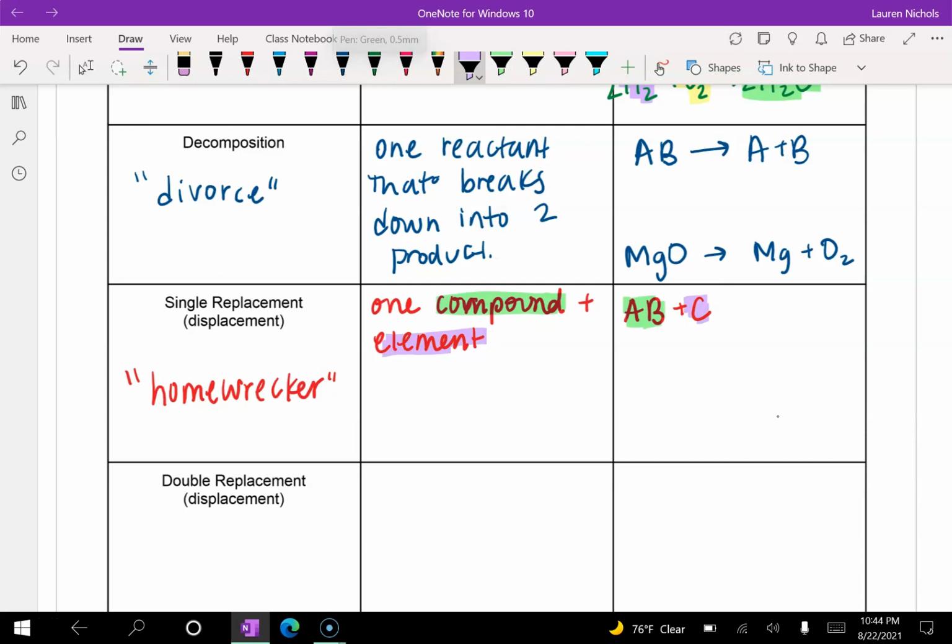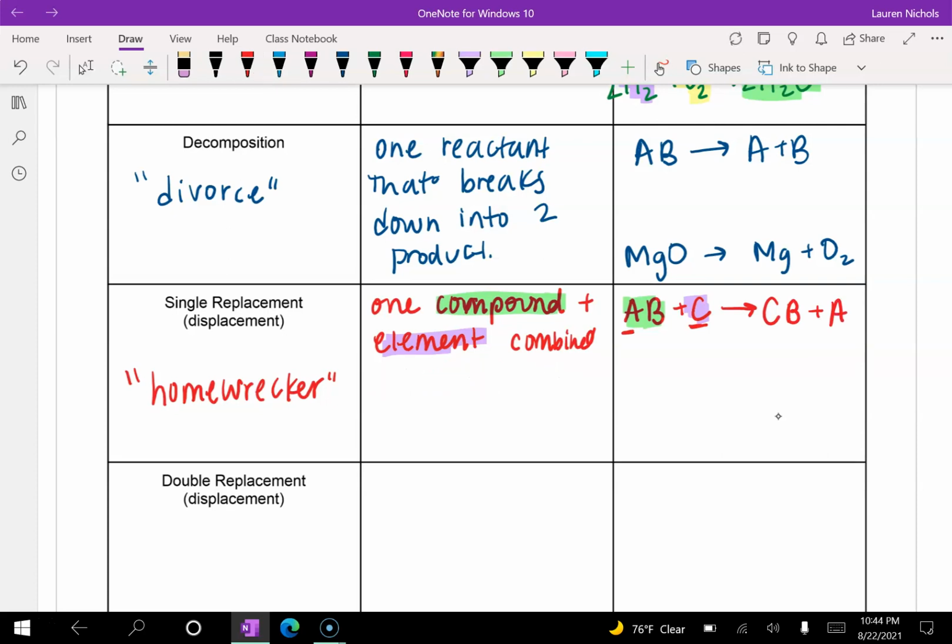What happens is that new element, element C, that's the homewrecker, because when you have a compound and an element, they combine and they swap, or trade places. So for example, if C and A are similar, then all of a sudden C is with B and A is by itself.